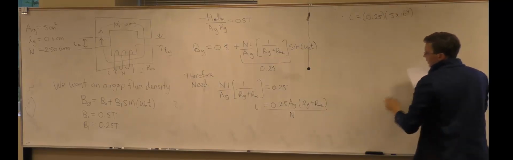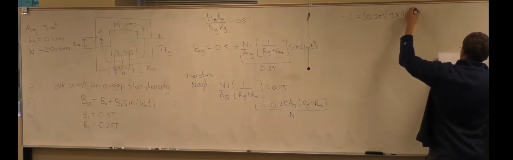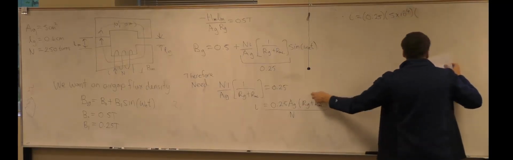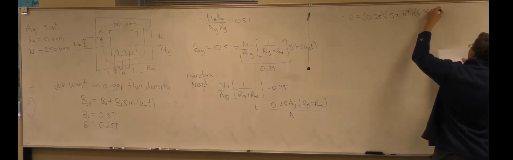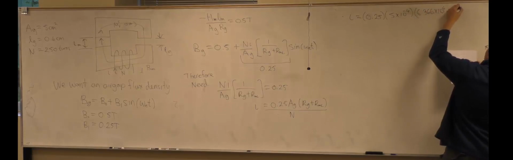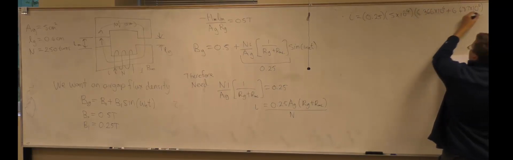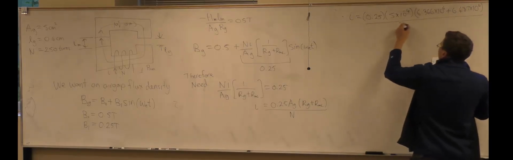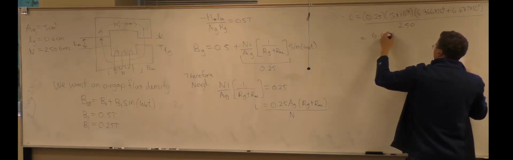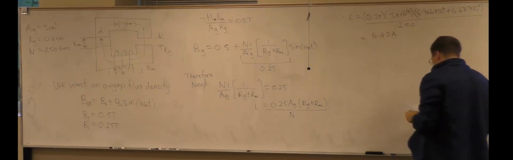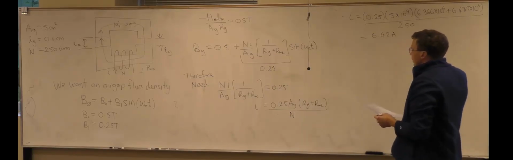That's the area of the air gap. And then we have to multiply that by the two reluctance terms. So we have 6.366 times 10 to the 6 plus 6.487 times 10 to the 6. And then we divide that all by 250 and we get out 6.42 amps. So that will then give us the current.